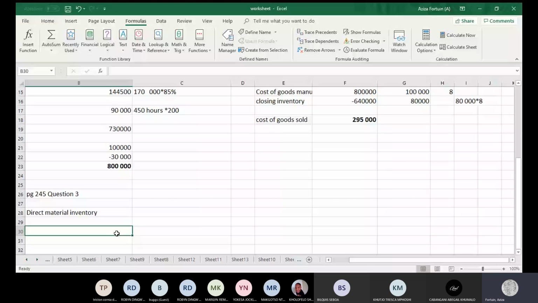What is my framework? Anybody want to give me the formula or the framework? The opening inventory plus purchases minus closing inventory.